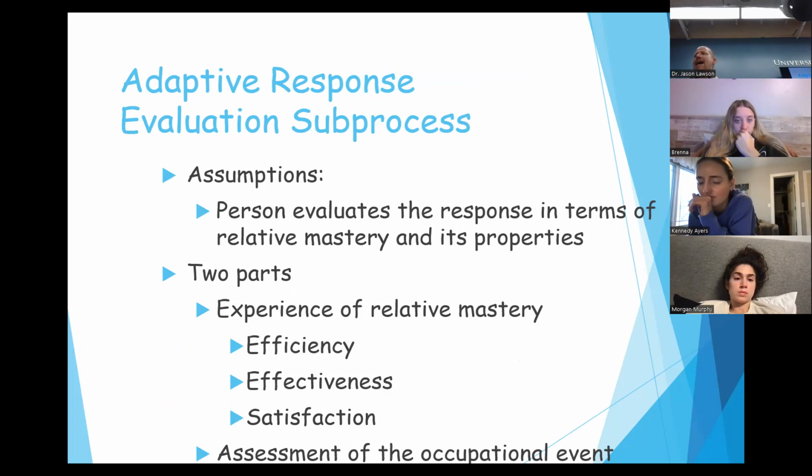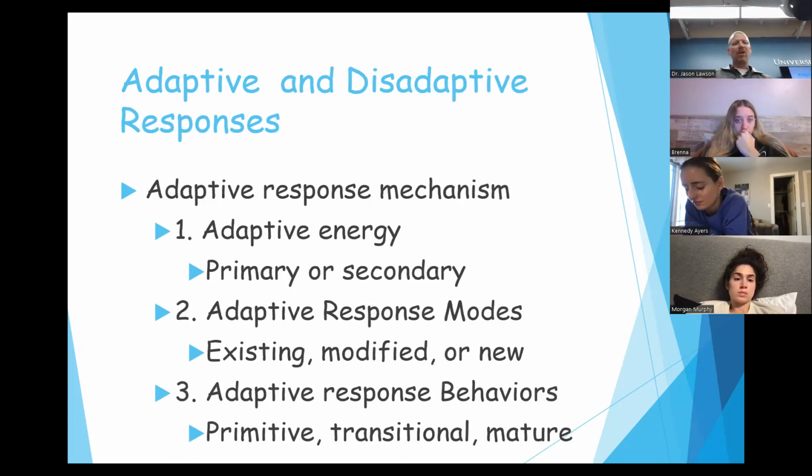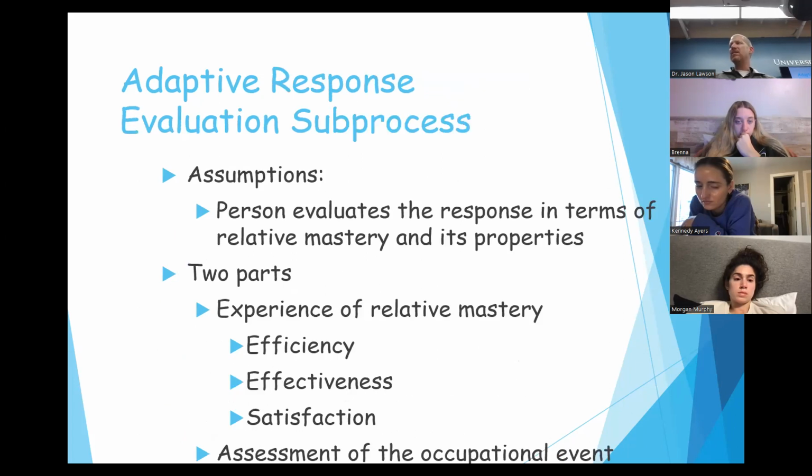So then, and I was kind of alluding to this already, with the adaptive response: primitive, traditional, mature, existing, modified, or new, with your responses and your behaviors. Is this working for me? Our client evaluates how well they responded to their adaptation.